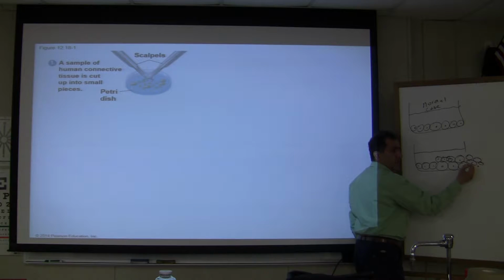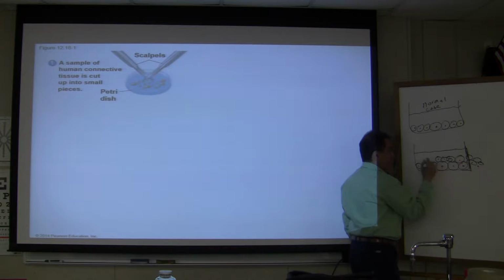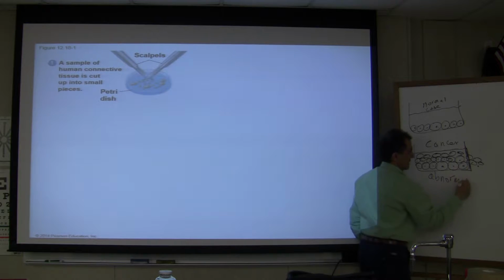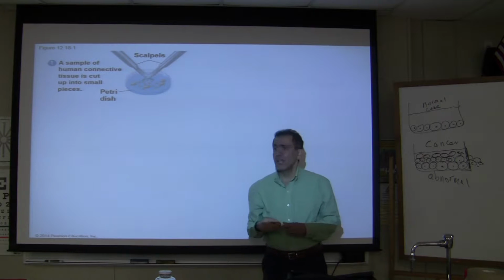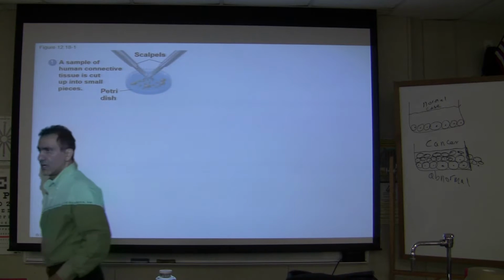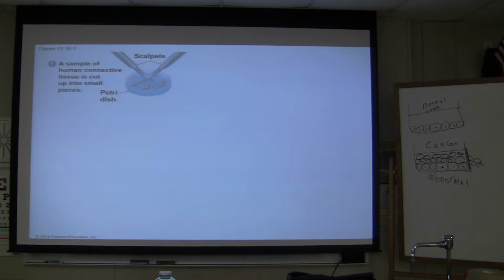Okay, but since this is a hard surface, they cannot grow anymore. They grow on top of each other. So then you know you're dealing with a cancer cell. Then this is cancer, or we call it abnormal. Cancer, in two words, means abnormal growth. That's the best definition of cancer you're going to get anywhere.